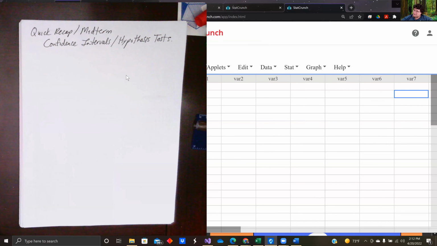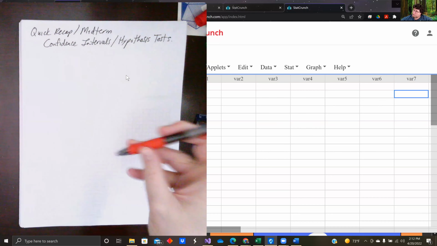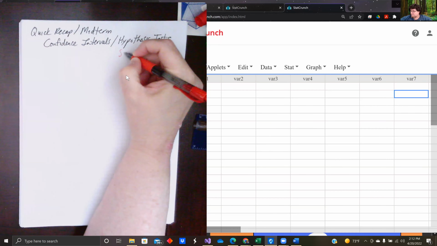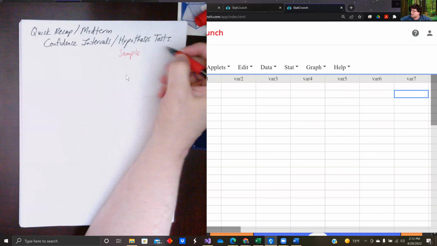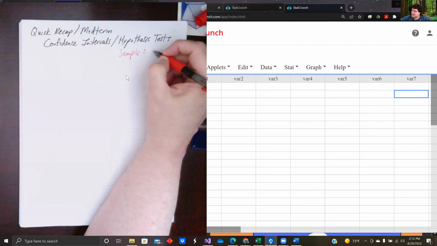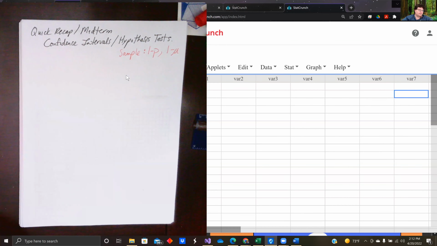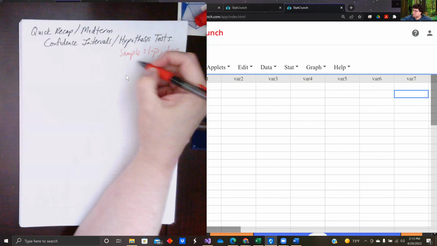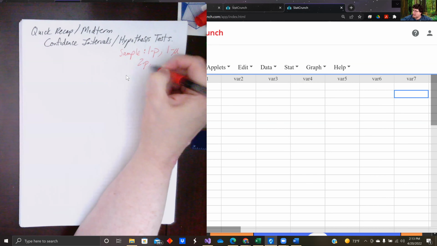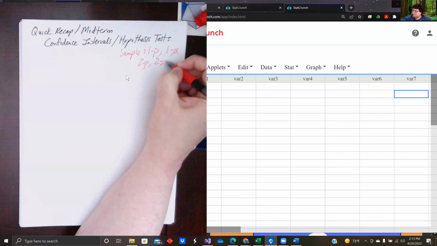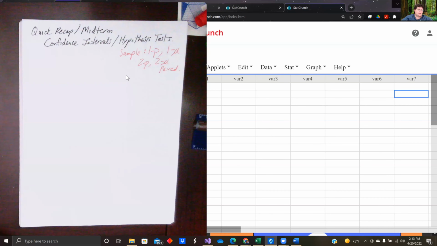In particular, for our sample groups, we have done a one proportion test, a one mean test, and confidence intervals for each of those. And we've done two proportion, and we've done a two mean paired. Today, we're going to cover two mean unpaired.